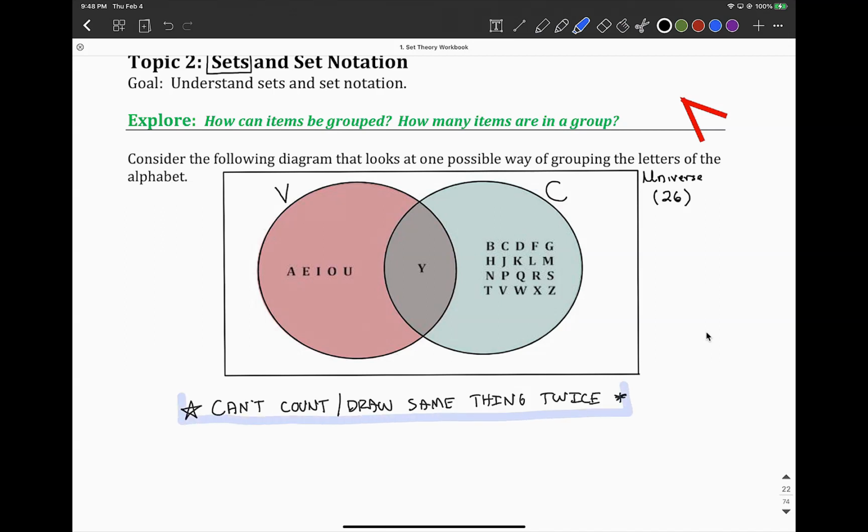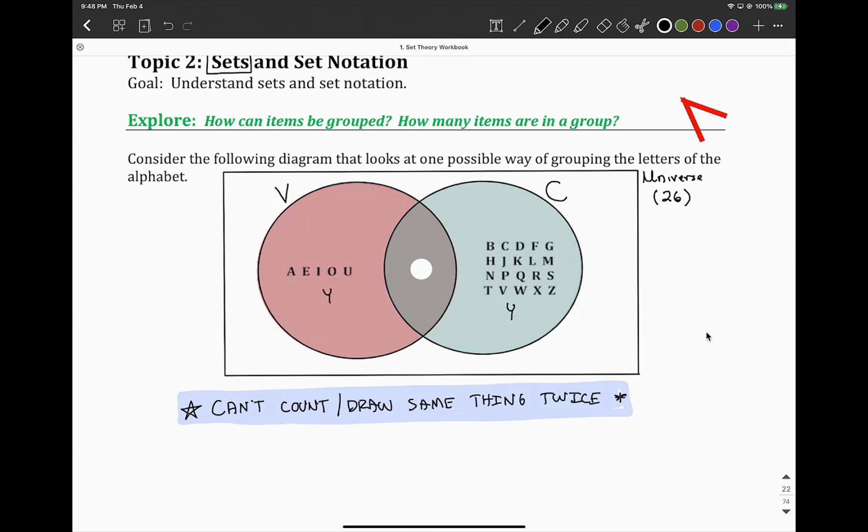It forces us into most of the scenarios that we're going to work with. The reason there's an overlap in this diagram is that it would not be very logical or mathematically precise if I drew the same thing twice, because sometimes y is a vowel and sometimes y is a consonant.